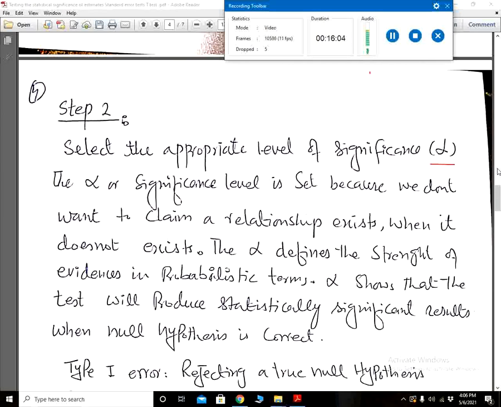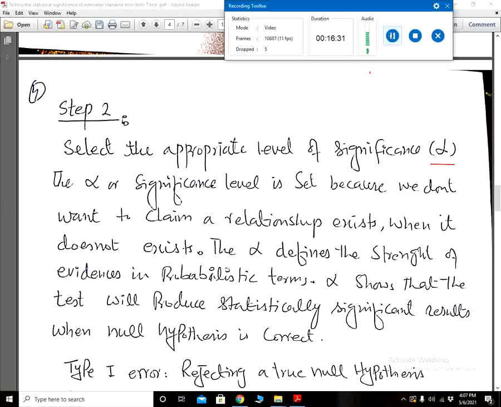For example, type 1 error can be stated that if we conduct the hypothesis testing 100 times and if alpha is 0.05, that is 5%, then out of 100 times, 5 times we will reject a true null hypothesis.